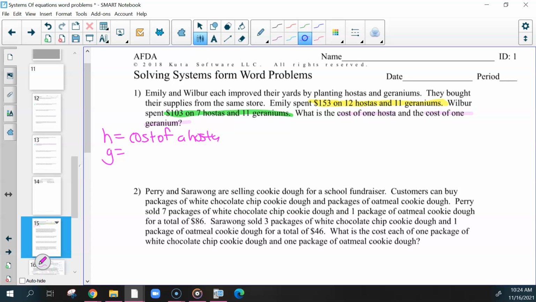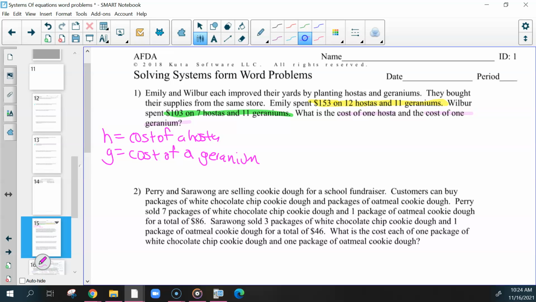We'll have to pull it up later. So we have our variables defined.